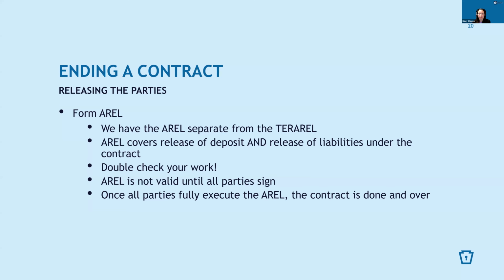Paragraph 1 of the release covers releasing from liabilities under the contract, and paragraph 2 covers release of the deposit money. If there is no deposit money, parties can still execute the release with $0 in the amount for paragraph 2 and fully and effectively release the parties from the contract.